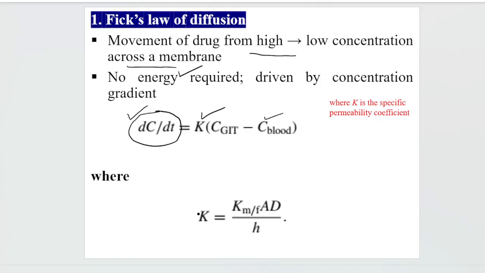Again, K is the permeability coefficient, equal to K_m/f, where m is the membrane and f is the fluid, which in this case is water or the intestinal fluid, जो plasma membrane है, A is the area, D is the diffusion coefficient, and h is the thickness of the membrane.